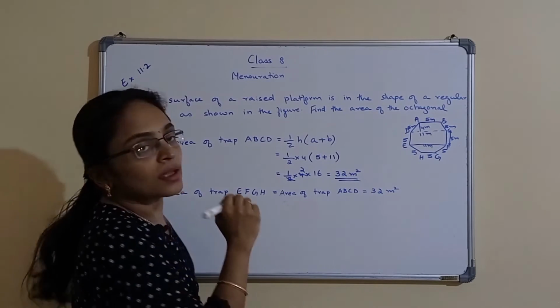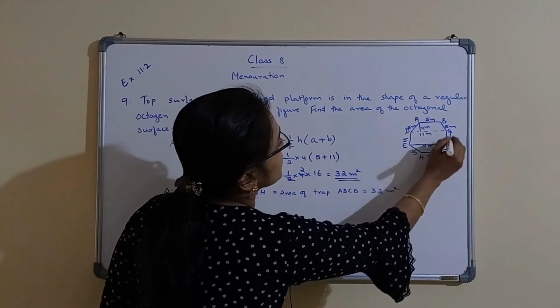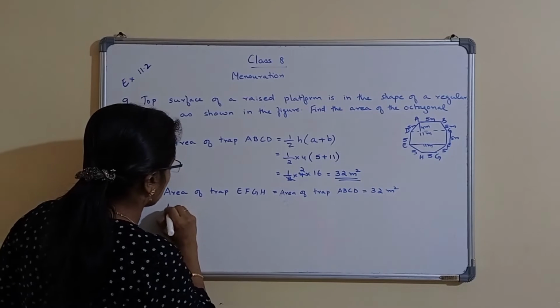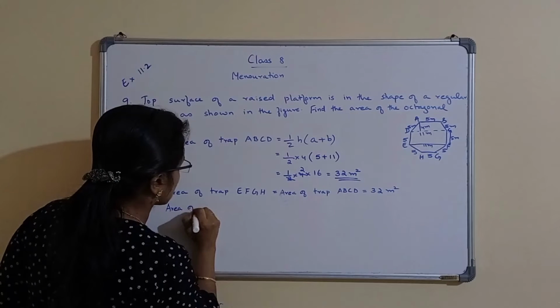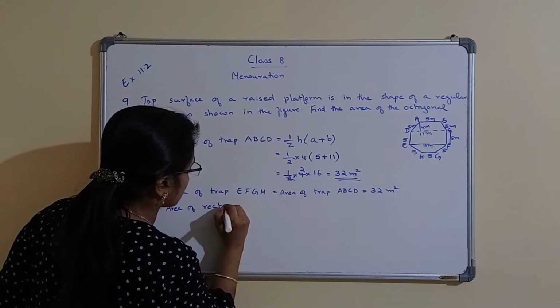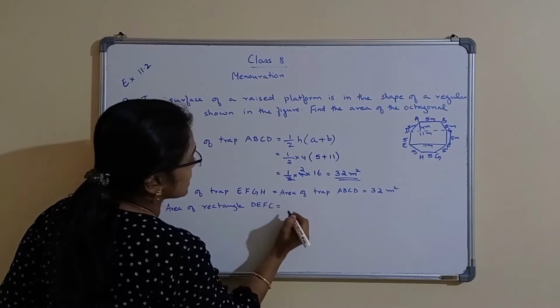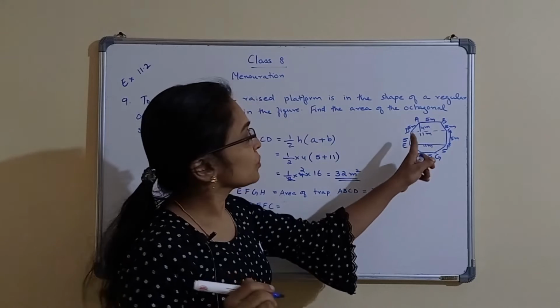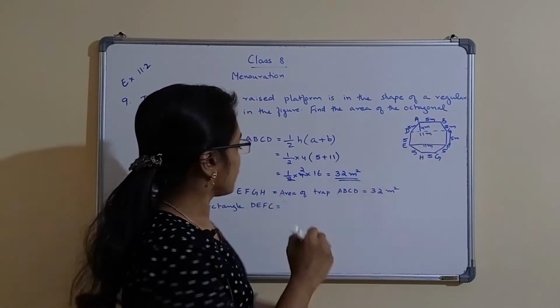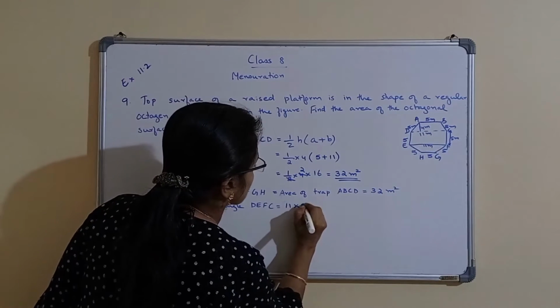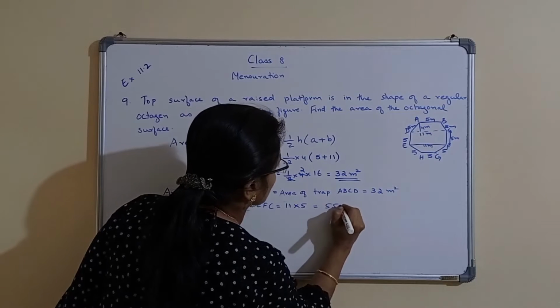Okay. Now area of this rectangle DEFC is equal to length into breadth, that is 11 into 5, which is equal to 55 meter square.